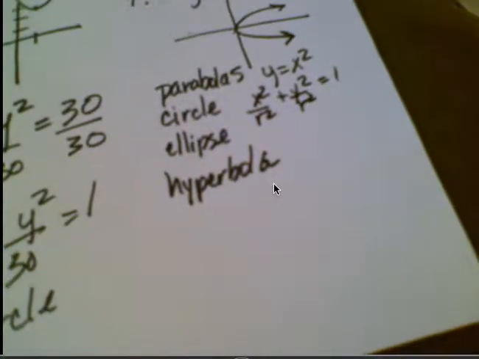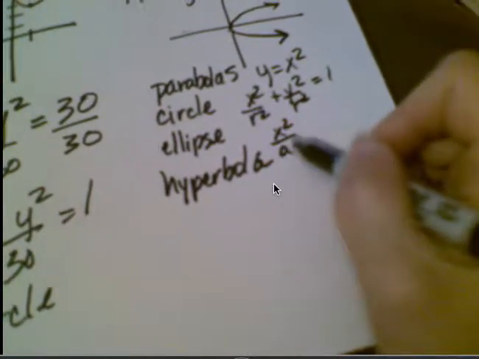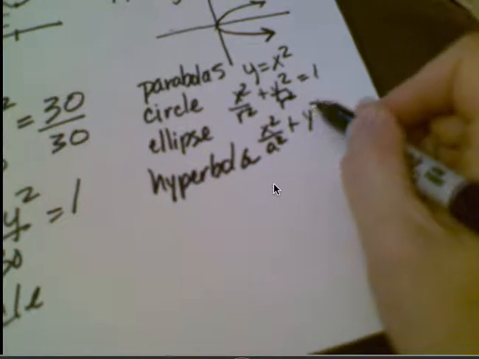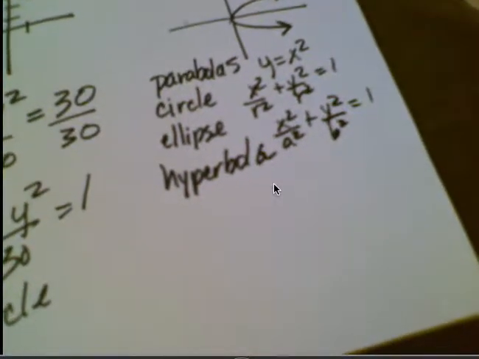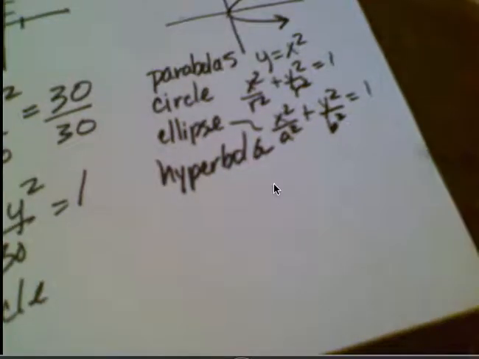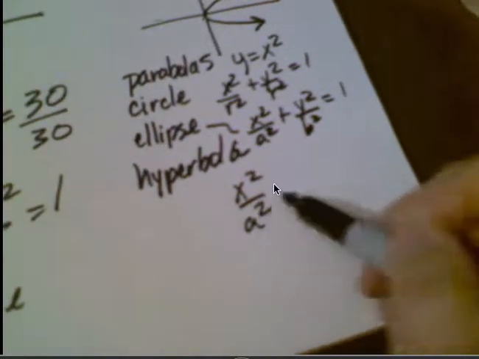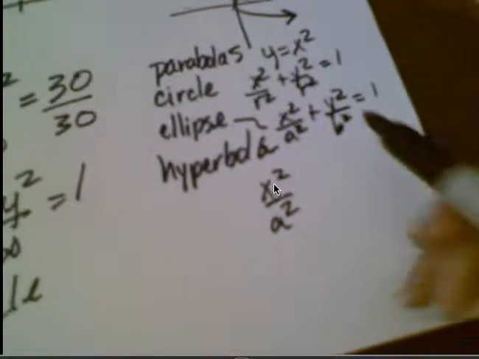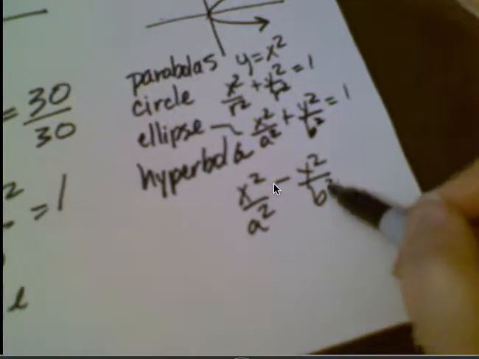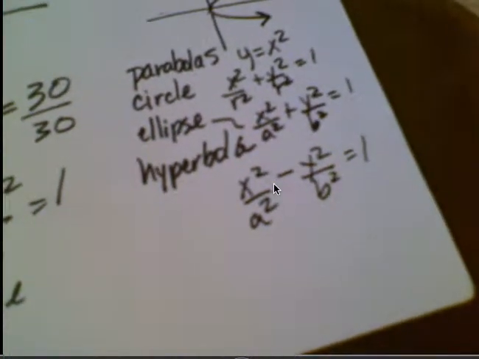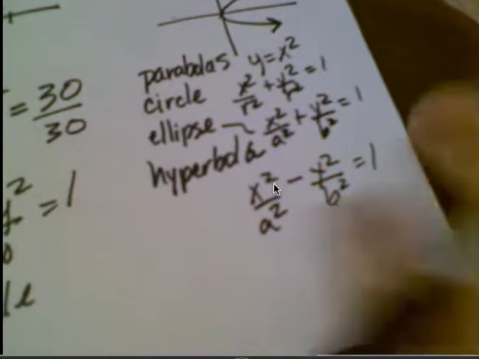And ellipses are going to be plus with different denominators. This is an ellipse. And hyperbolas could be the same denominator, could be different denominators, but it's minus. Right? So 1 through 8.